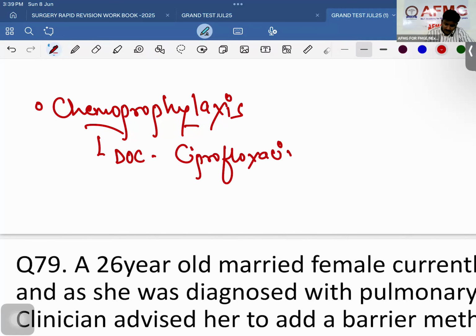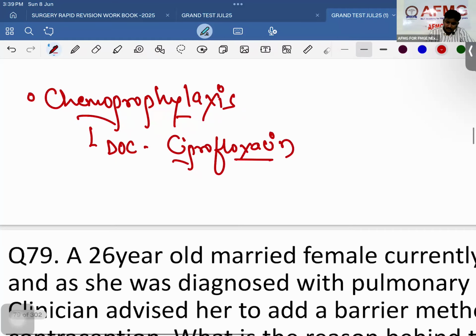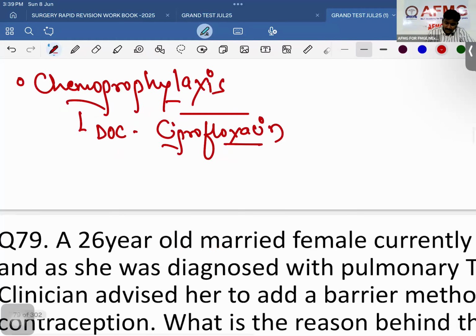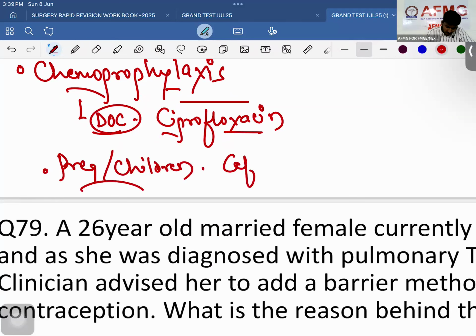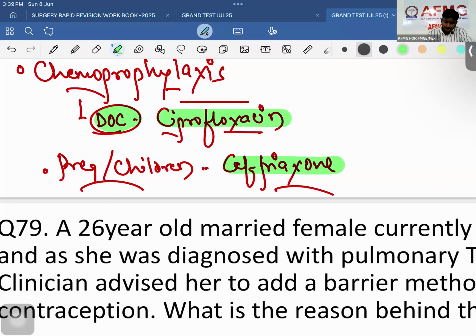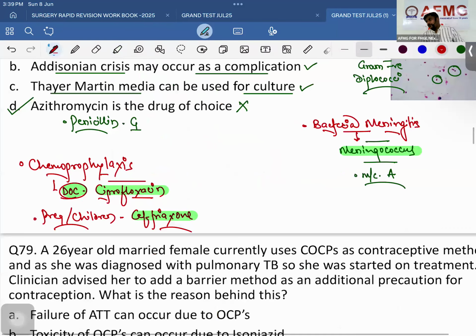We know the drug of choice has to be ciprofloxacin, but we know ciprofloxacin cannot be given in pregnancy and children. So in pregnancy and children, if they ask what is going to be the chemoprophylactic agent of choice, the answer will be ceftriaxone, beta. The safer agent is going to be ceftriaxone. Hopefully that's clear to all of you now.